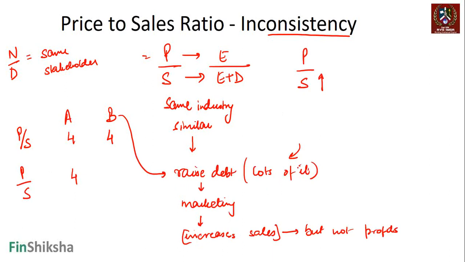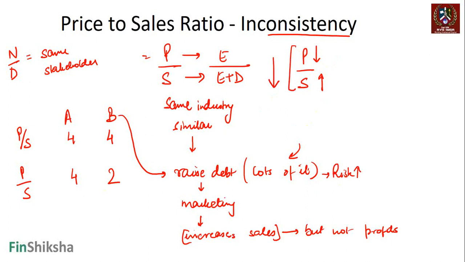And once we take a lot of debt, the other thing that starts happening is the risk goes up. So with this, the risk of the company goes up, and the market will resort to reducing the price, right? So the price goes down, sales goes up, so the price to sales ratio in its totality is going to go down dramatically. So maybe this ratio becomes 2 after this entire activity.